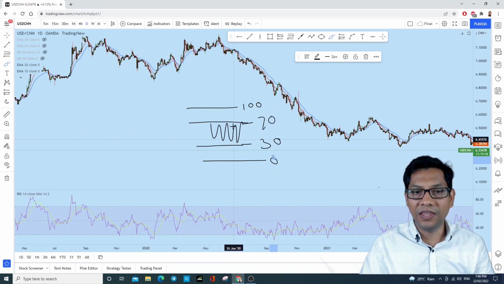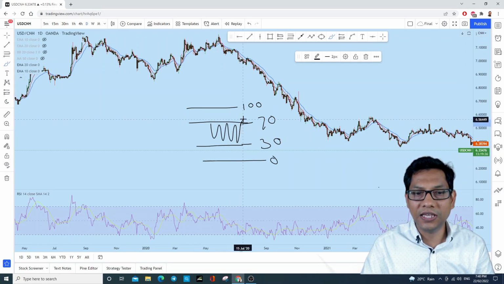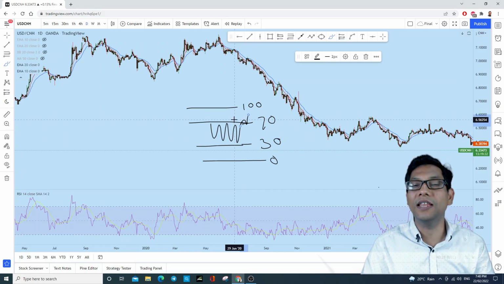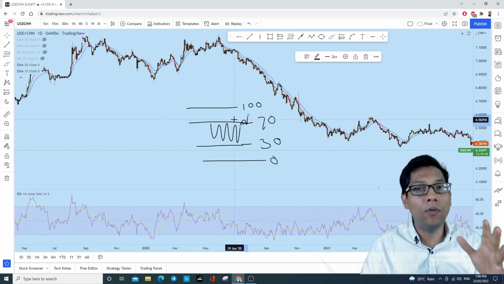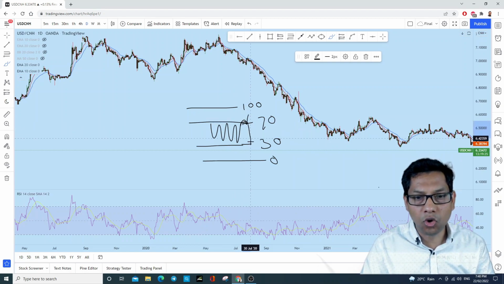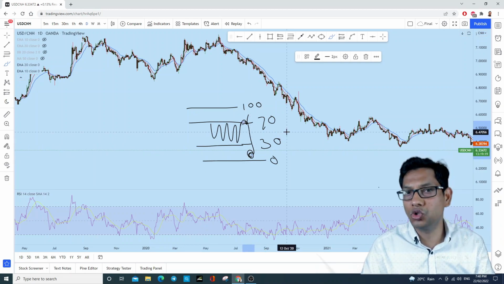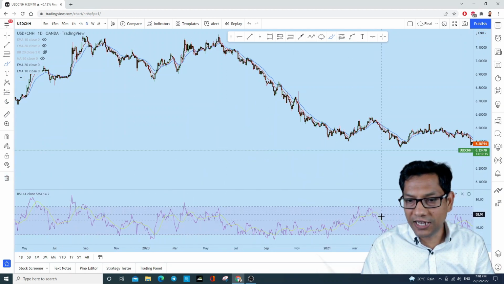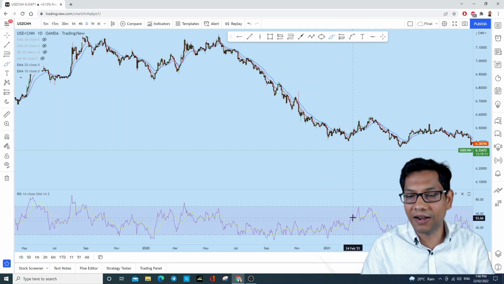So if this indicator crosses above this 70 value, then this market is called an overbought market. On the other hand, if this indicator crosses below this 30 value and comes toward 0, then this market is considered in an oversold condition. Now let me show you here. You see this gray area, this is the mean range.